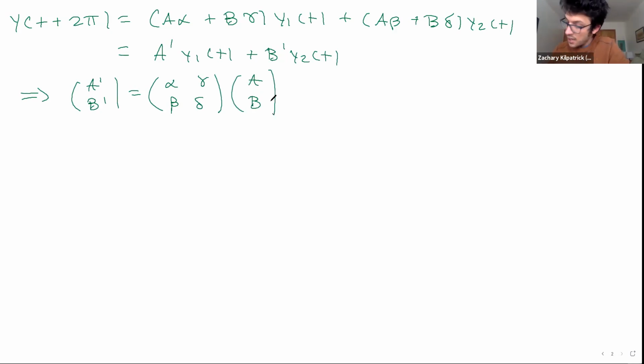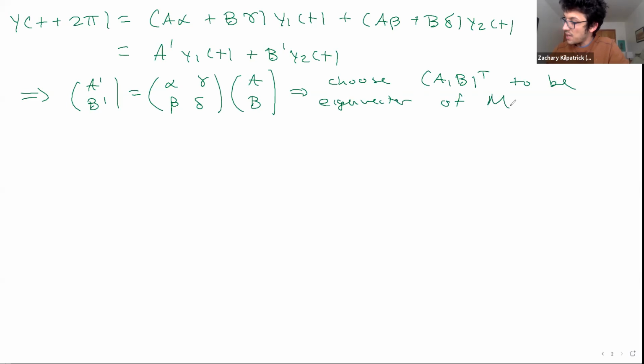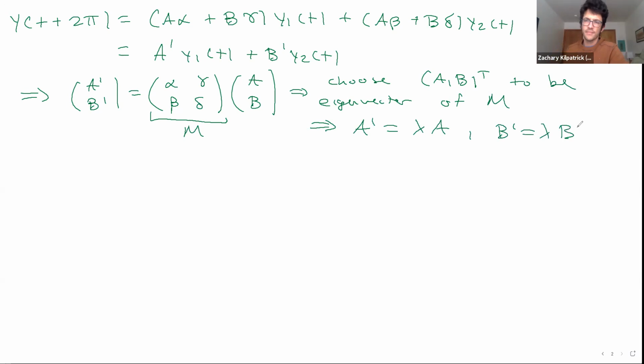And in this case, if we choose A, B to be an eigenvector of my matrix M here, so we'll just call this matrix M, then this would imply that A prime is equal to lambda A and B prime is equal to lambda B. Okay.